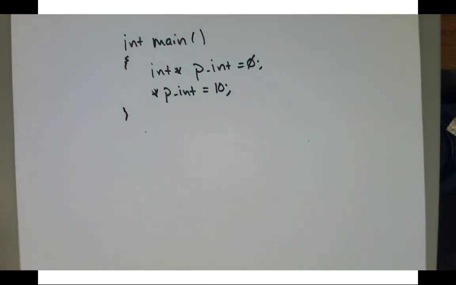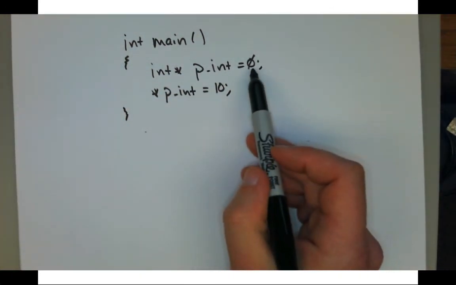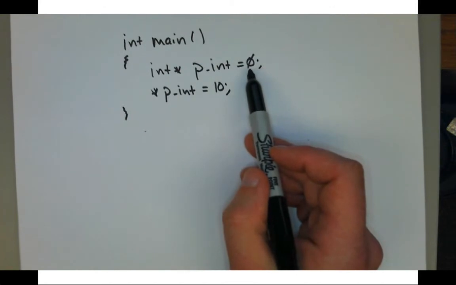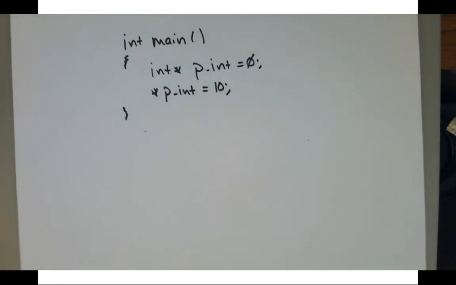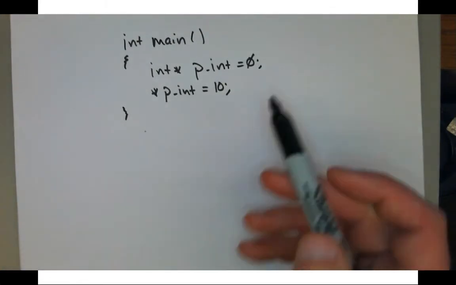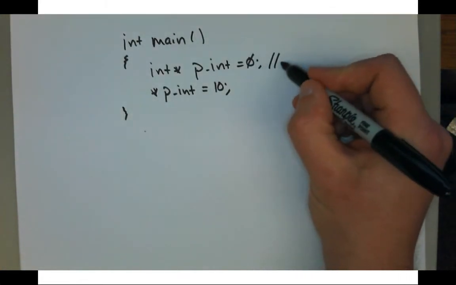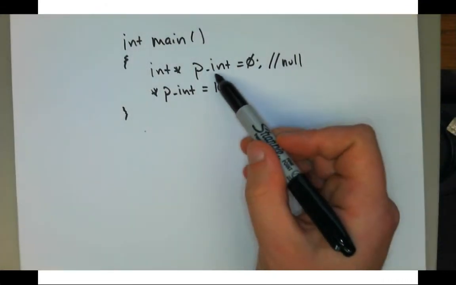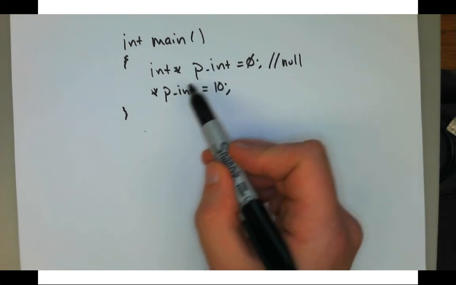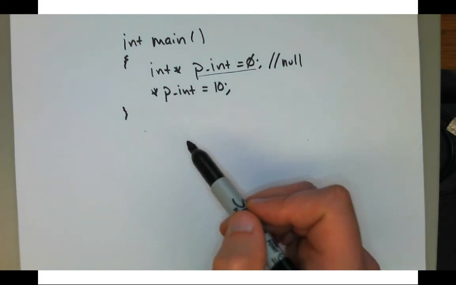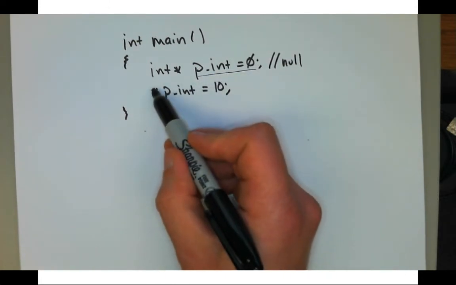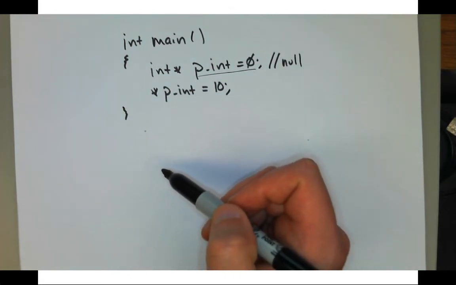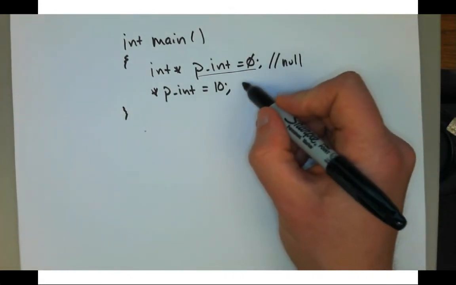Okay, so in C++, when we assign a 0 value to a pointer, that means that that pointer is a null pointer, or that it doesn't point to anything. In Java, we don't use the number 0. In Java, we have a keyword null. Okay, so one rule about pointers is if you have a null pointer, which pint is definitely a null pointer, it doesn't point to anything, and you try and dereference a null pointer, your program will crash.